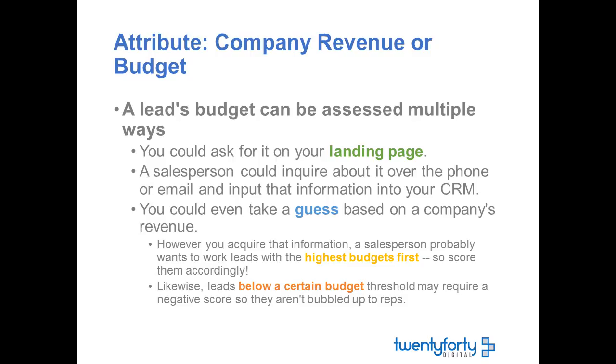Based on title, based on location, and based on company, you could actually make a guess based on what you know about the company's revenue. In this regard, a salesperson probably wants to work the leads with the highest budgets first. So they may result in a higher score within the lead scoring model related to that particular person. Likewise, the lead below a certain budget threshold may require a negative score and not a person who you want to hand over to the sales or marketing team.